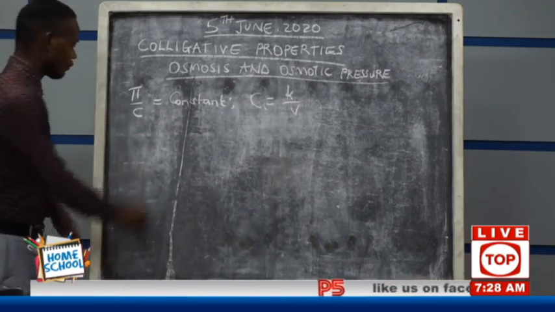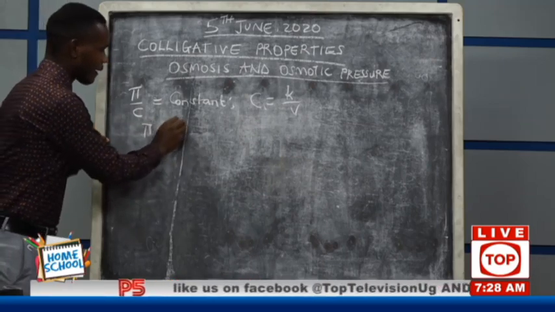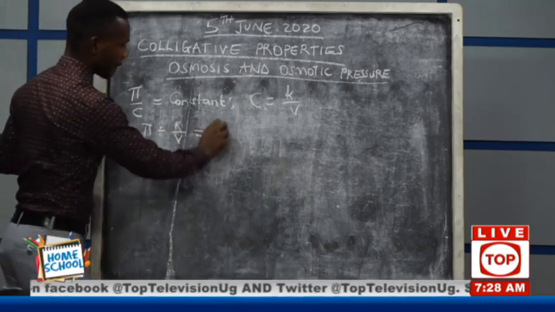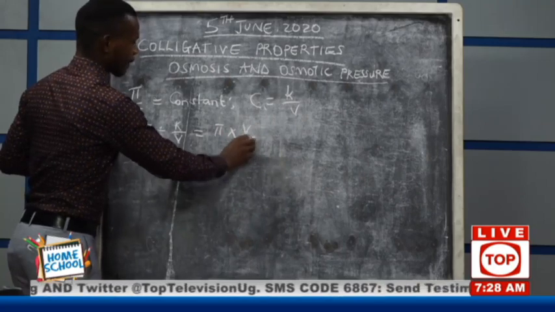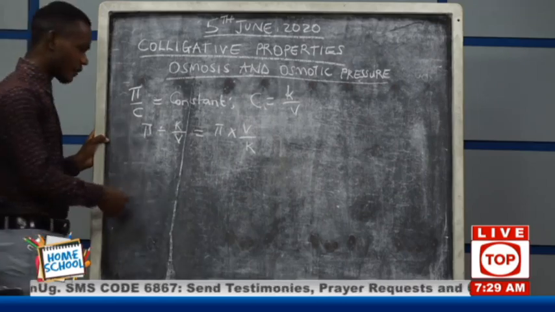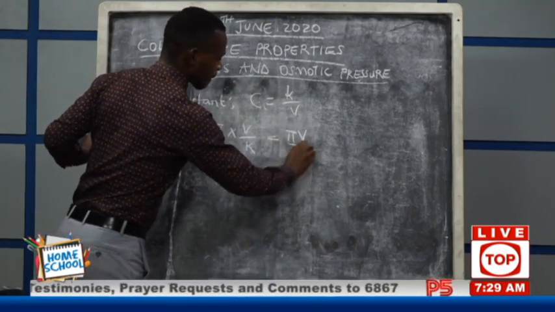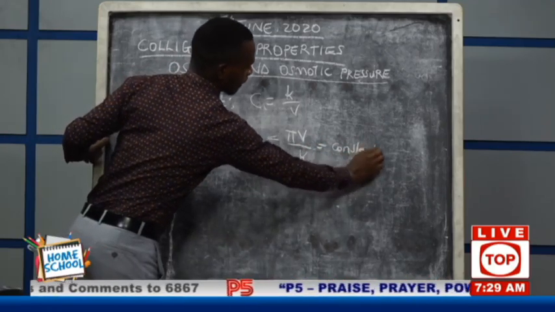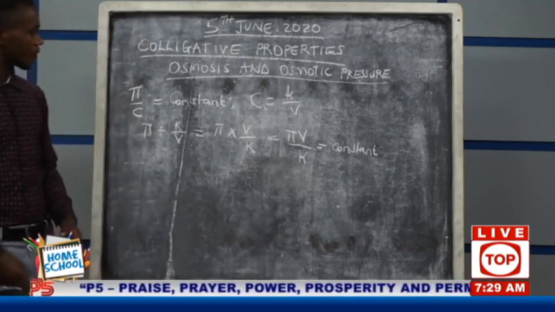What you do, you put pi divided by K over V. So this one will be equal to pi times V over K. Okay? For those who are asking themselves how it is coming about, you get pi V over K is equal to constant. Are we together there? I think we are together.